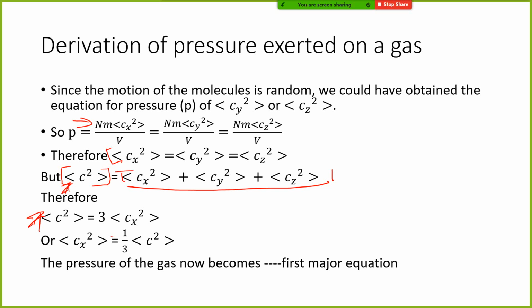Since all of them are equal, I would end up getting 3 of my mean square speed for my x-axis, because it's obviously the same if it was on the y-axis or on the z-axis. And with all of that being said, we come to this point. We are now at this junction where we are saying that the mean square speed on the x-axis is equal to 1/3 of the mean square speed in general.